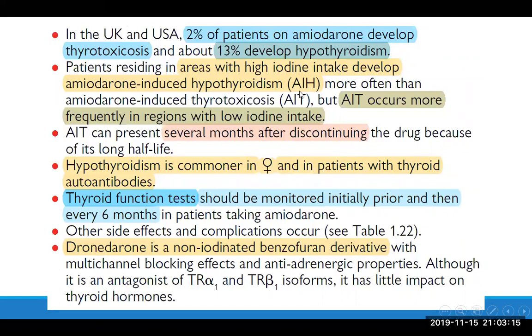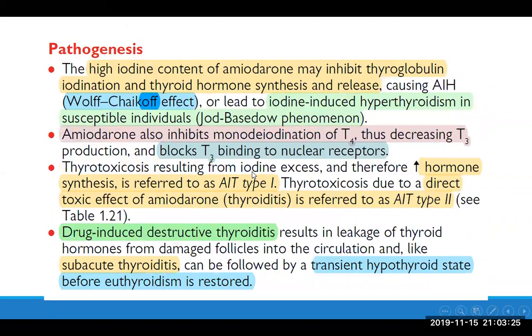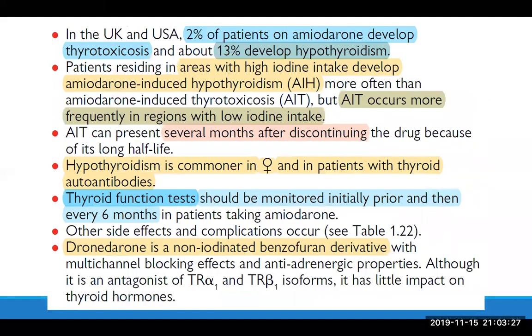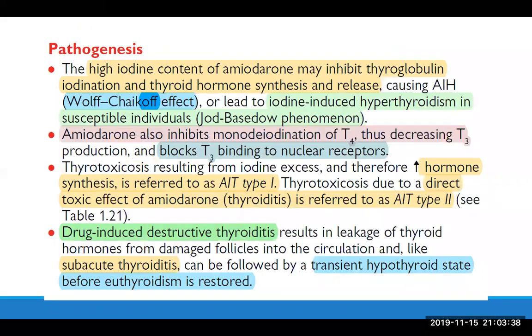And don't forget that AIH is amiodarone-induced hypothyroidism, AIT is amiodarone-induced thyrotoxicosis. Hypothyroidism is commoner in females. He also mentioned that dronedarone is a non-iodinated benzofuran derivative like amiodarone, but less effective than amiodarone in clinical practice.